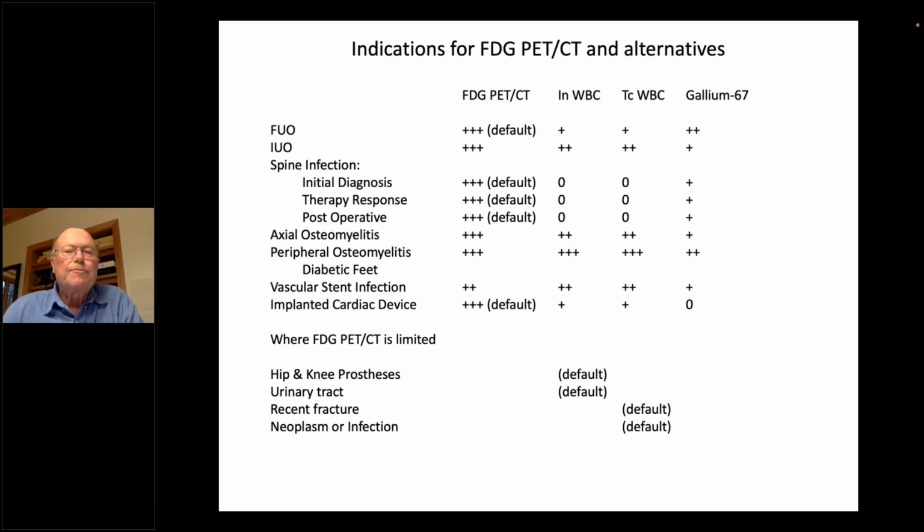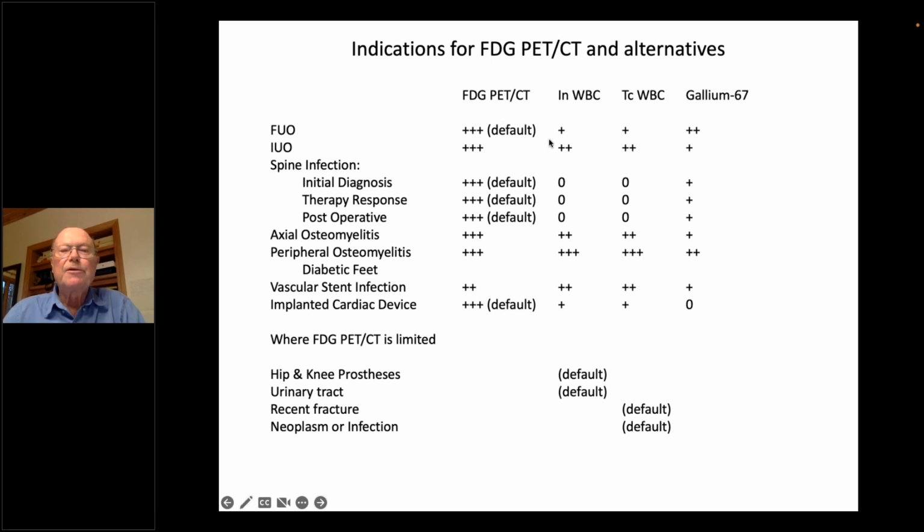what we use, where it says default is when we try to do FDG PET at all costs, or whenever that's possible, and that's for FDG, for FUO, for all categories of spine infection, and for implanted cardiac devices.